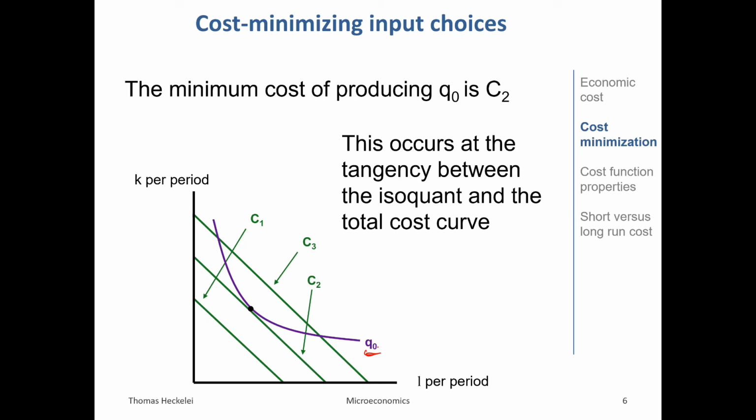So if you want to produce Q0 at C3, that's definitely more expensive and unnecessary, right? So the only possibility here that gives you the minimized cost is C2. That's the idea. And at that tangent point between the cost line and the isoquant, the optimal choice is the level of labor, L star, and the level of capital, K star.